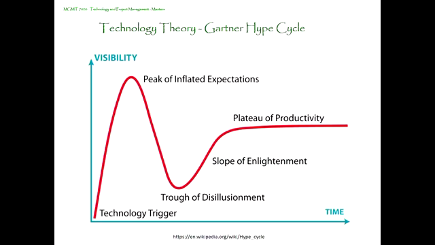And the population sinks into this trough of disillusionment. But then it starts to figure out, well, actually it's not that bad because I can use it for this and this. And so they start feeling better about it, and eventually it's used more productively. So it settles to a comfortable kind of usage. They say this is the hype cycle.